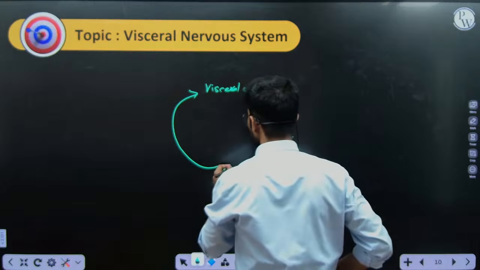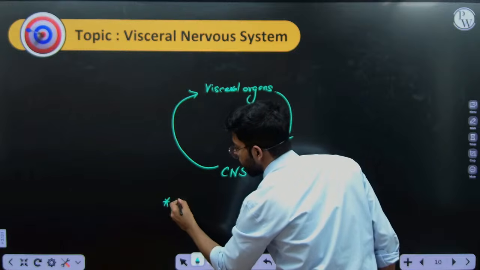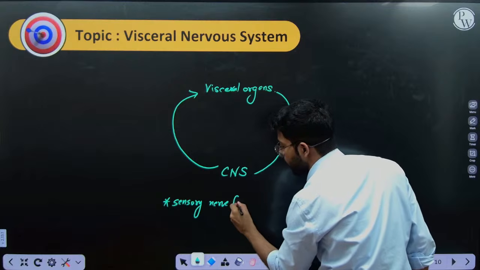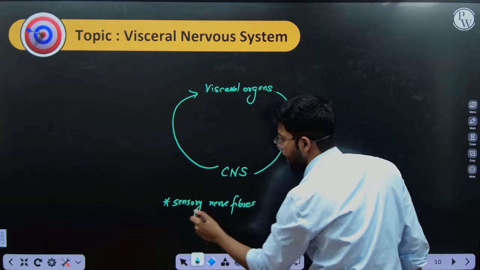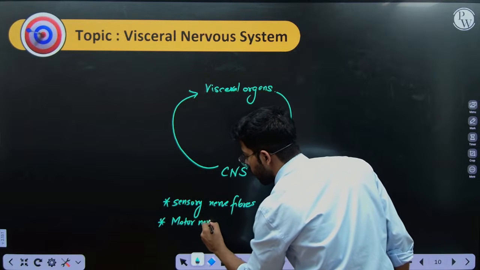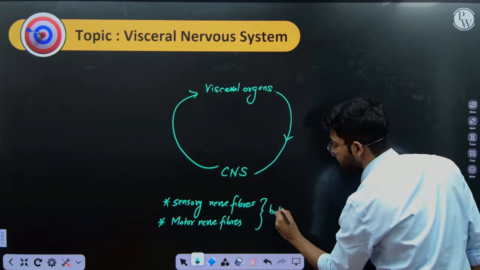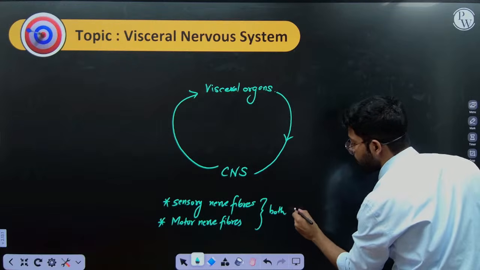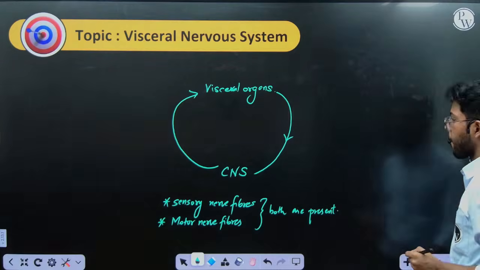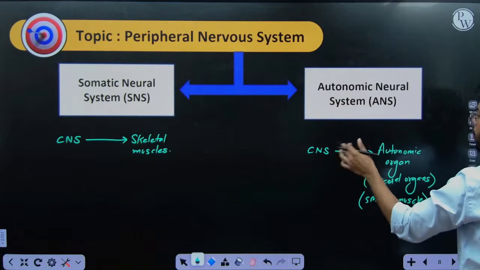That means both sensory nerve fibers and motor nerve fibers are present in the visceral nervous system, but in the autonomic neural system there is the motor neuron only.